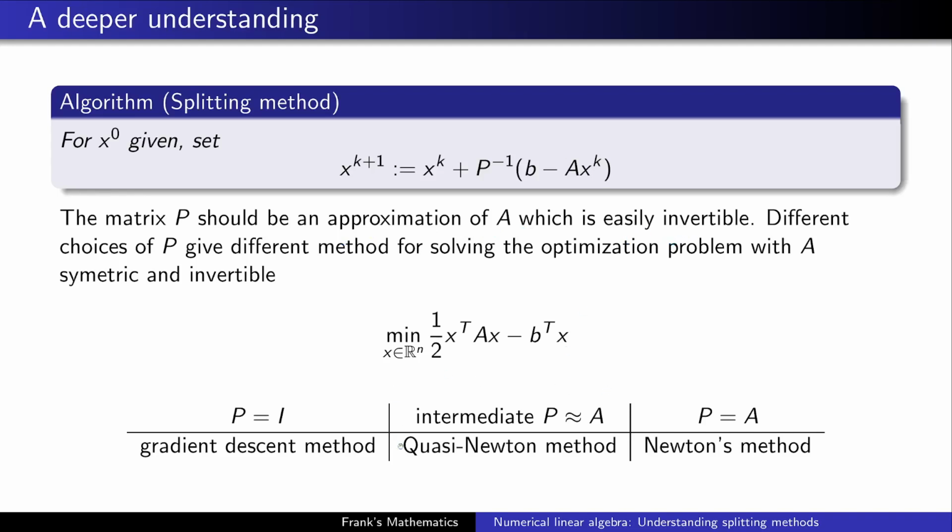So for something chosen in the middle, whatever this means, this will be made clearer on the next slides, we'll end up with a quasi-Newton method for solving this optimization problem. And in my opinion, this is a very good interpretation of the splitting method, to interpret it as optimization methods or algorithms for solving optimization problems.